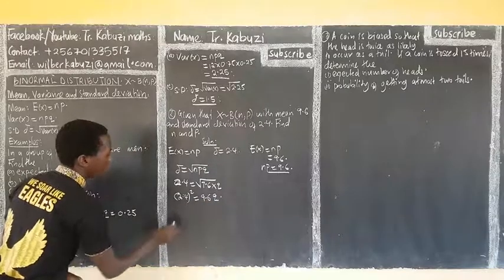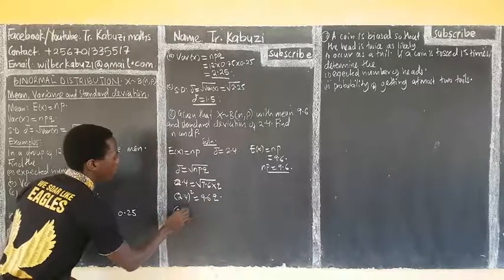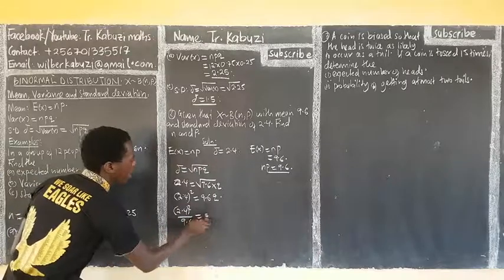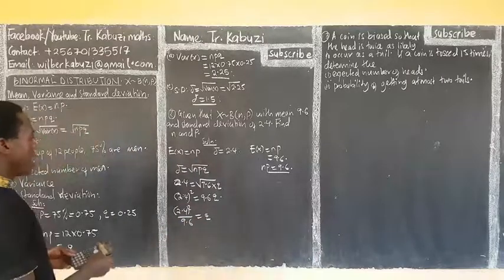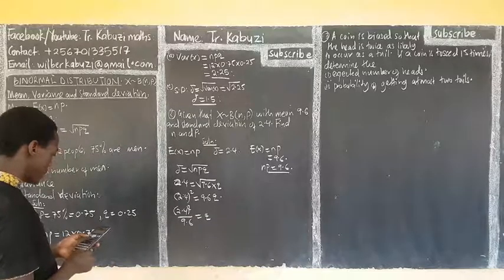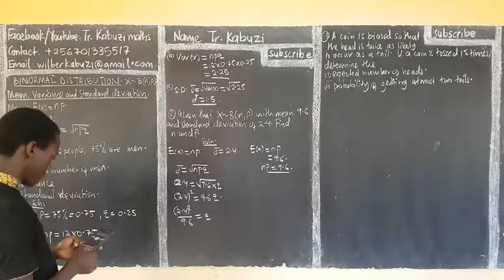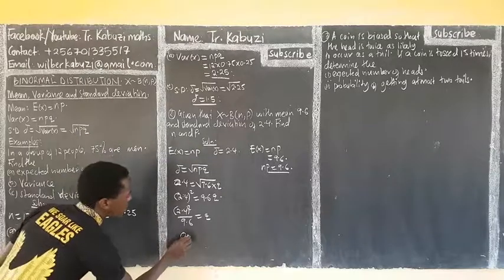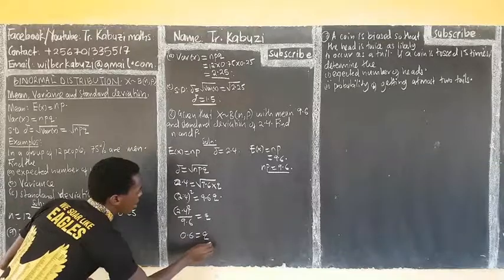So if you divide through, 2.4 squared over 9.6 gives us our q, and the answer we have there is 0.6. So 0.6 is equal to our q.